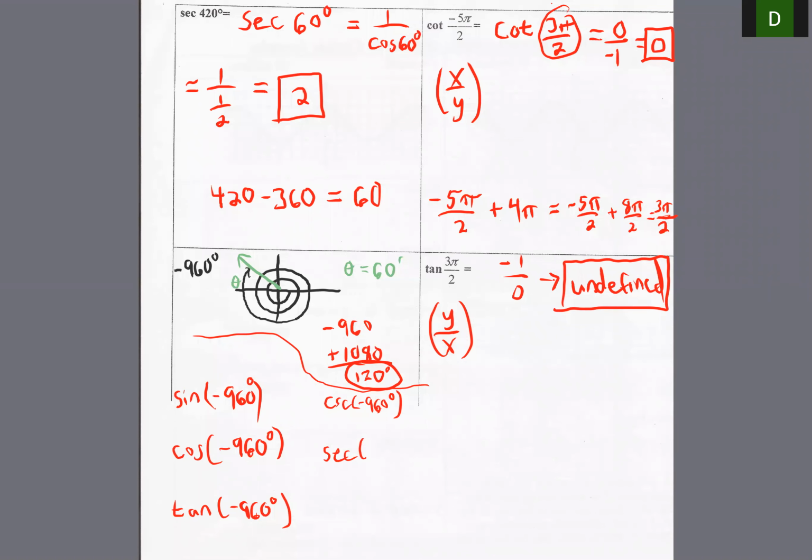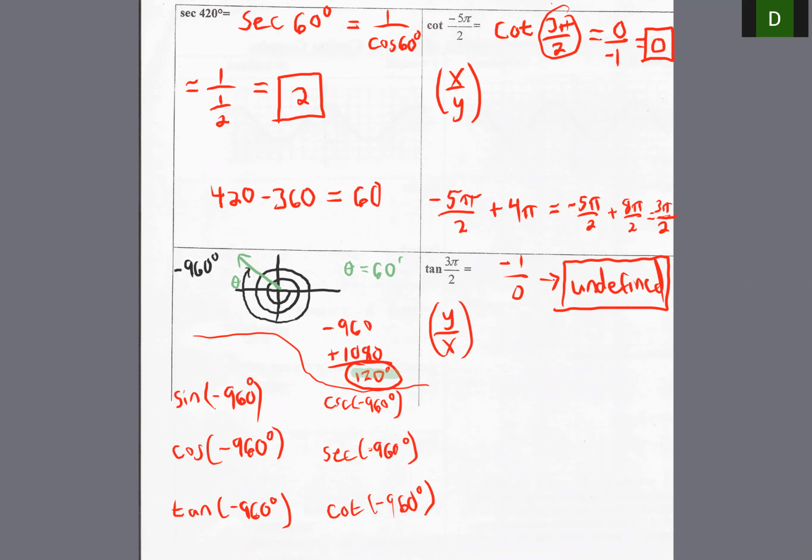Sorry, it's a little messy. I probably should have given myself more space. And then cotangent of negative 960. But rather than using negative 960, I'm going to be using 120 instead, because 120 is what shows up on my unit circle.